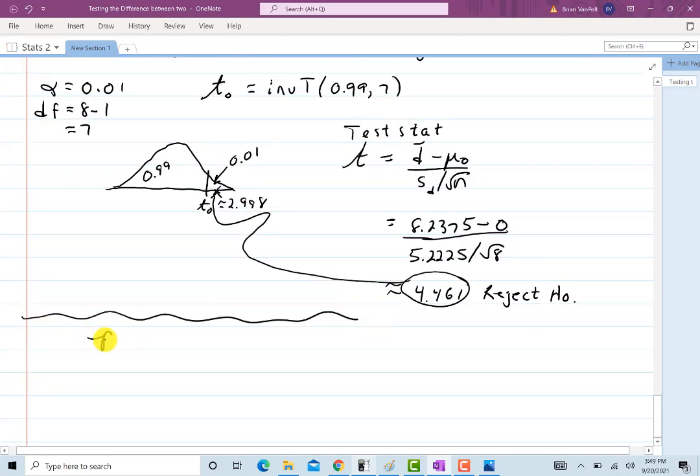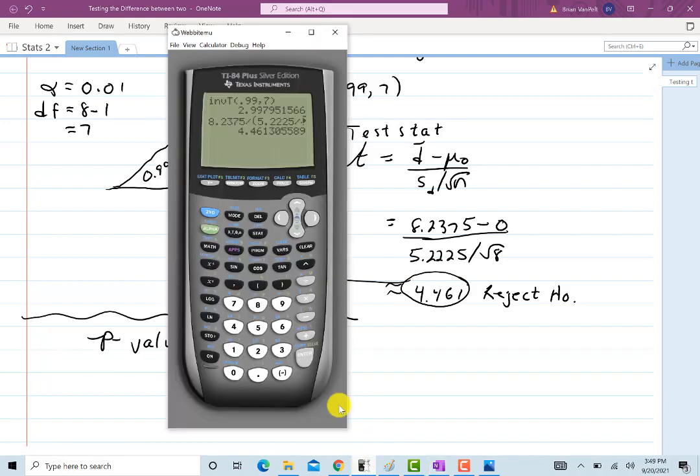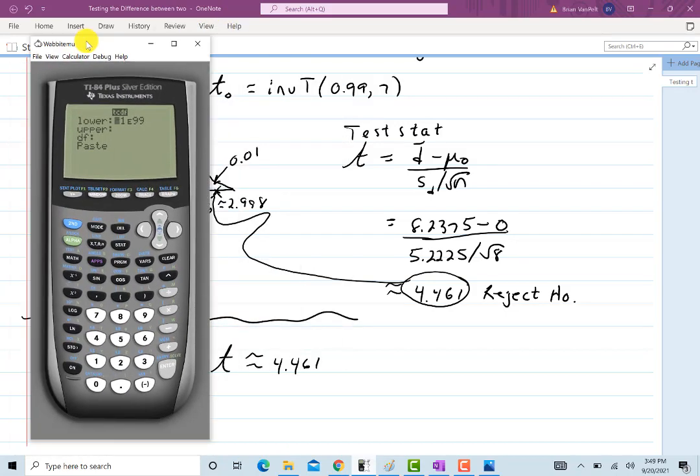Now for the p-value, you're going to be feeding in a t value, which we just had. The t I'm going to use is approximately 4.461. And remember, the p-value is an area, so we want the CDF. So I'm going to go to second distributions, and I want number 6 for TCDF. So 6, enter. Here, we want the area off to the right, since this is a right-tailed test.